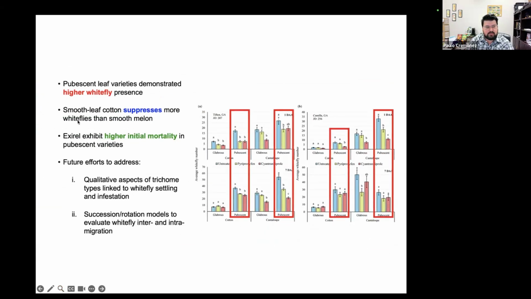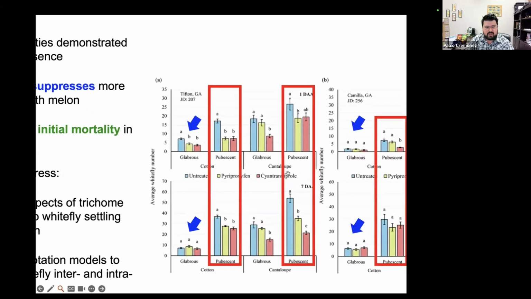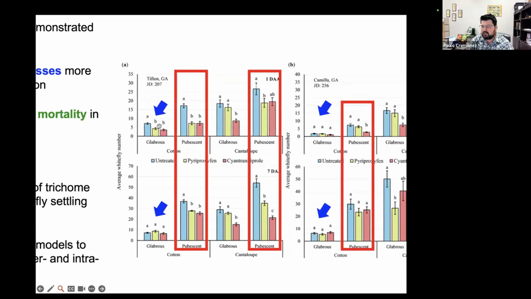And the smooth leaf cotton suppresses more whiteflies than the smooth melon. So again, just highlighting here that cotton is an extremely non-glandular trichome plant, so all the hairy structures will not have any sort of chemical that will deter.